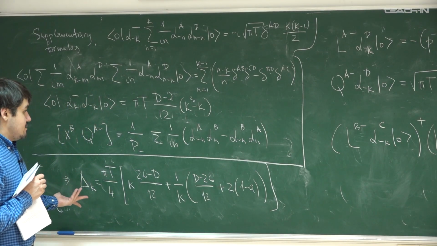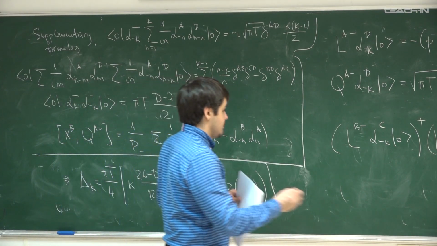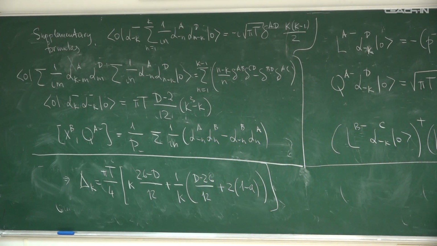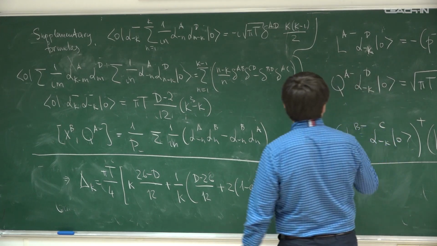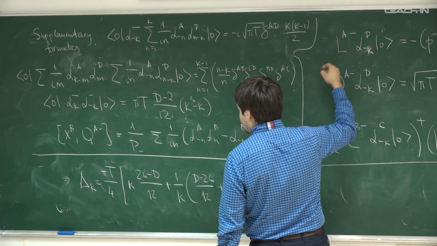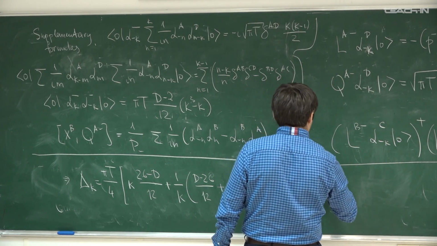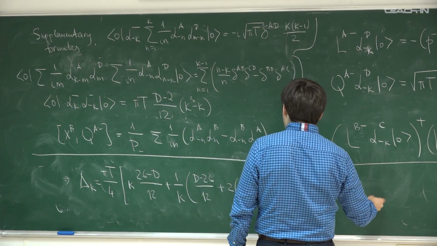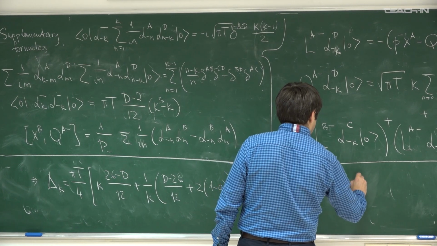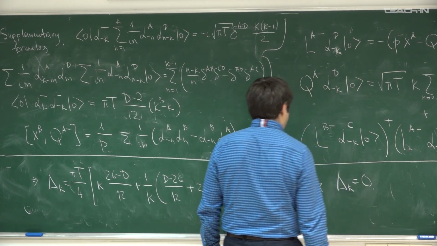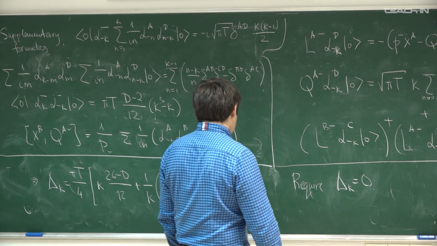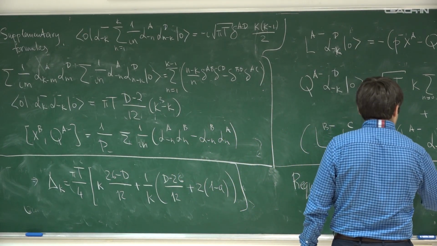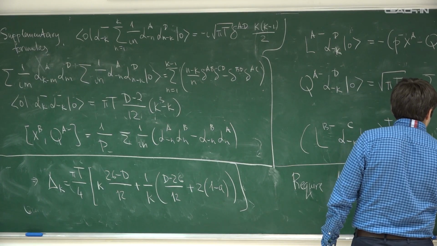And so if we want to have Lorentz symmetry, we must require that the commutator of L plus LA minus and LB minus is 0, so require delta k to vanish for all k. So that gives you d equals 26 and a equal 1.